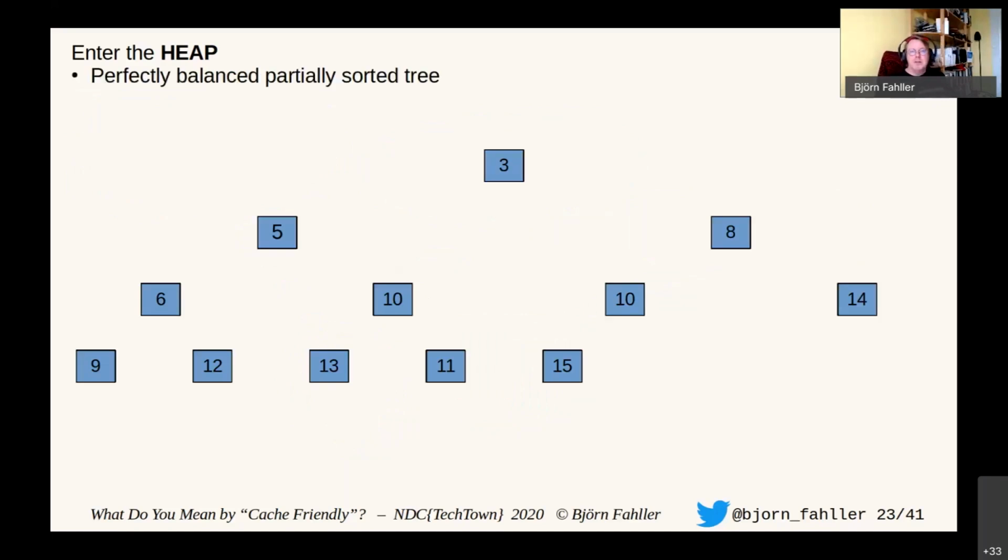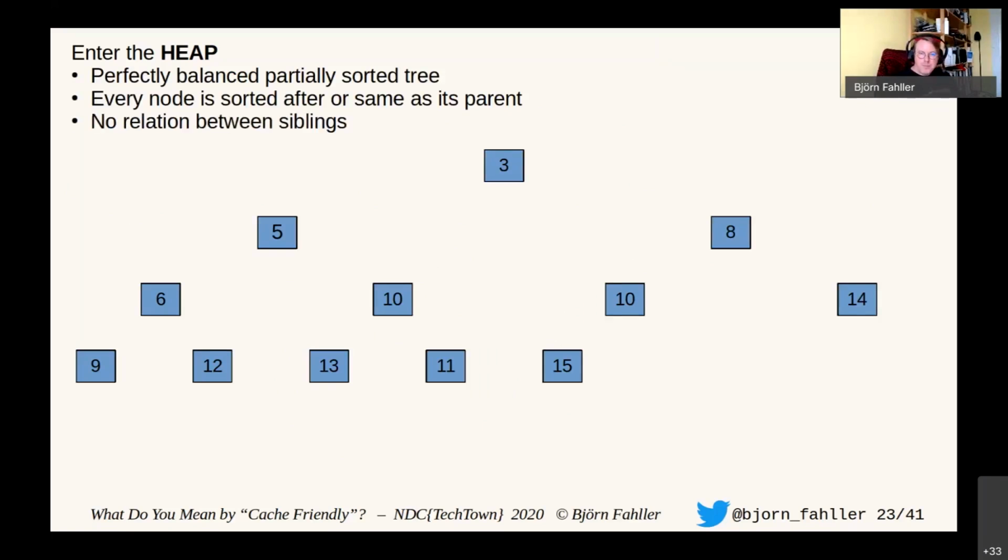This is a partially sorted, perfectly balanced tree, where every node is sorted the same as or after its parent. And there's no relation between siblings, so it's not a complete sort order. And there is at most one node that has only one child, and that child is the last node.